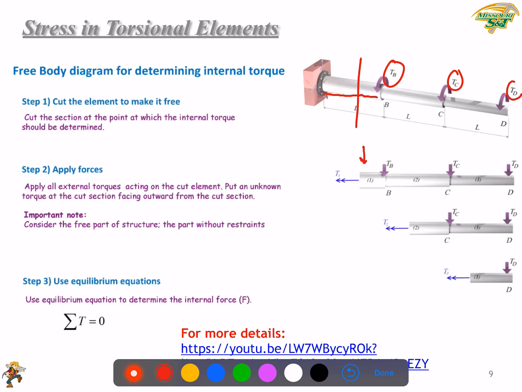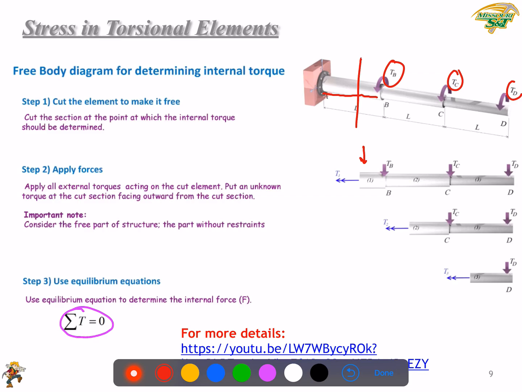We need to build an equilibrium equation. Okay, the sum of all torques equals 0. Here you have a left pointing T1, but you have TB, TC, and TD in this kind of direction. So here we need to use the right-hand rule to convert TB, TC, TD into double-headed arrows.